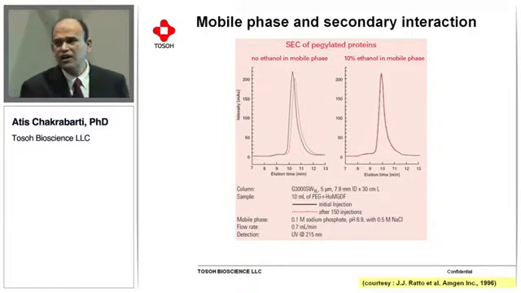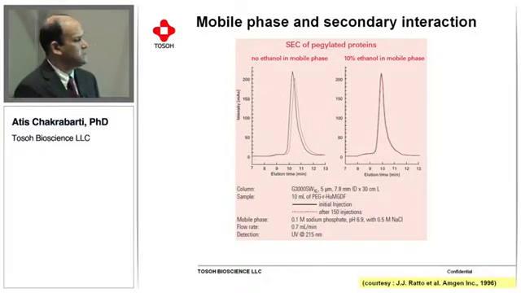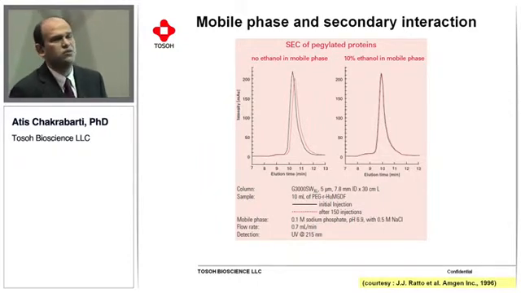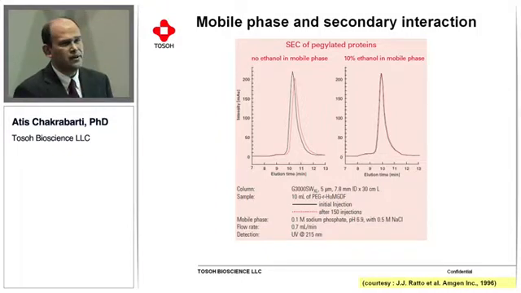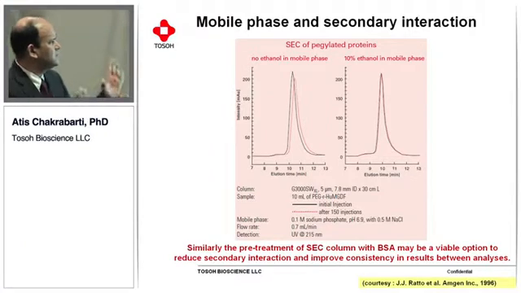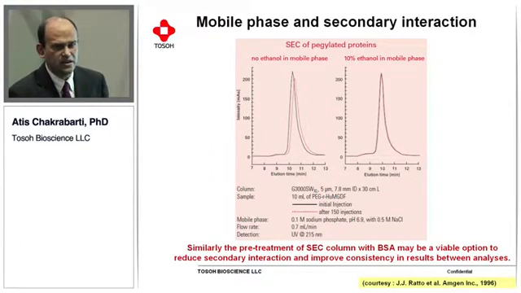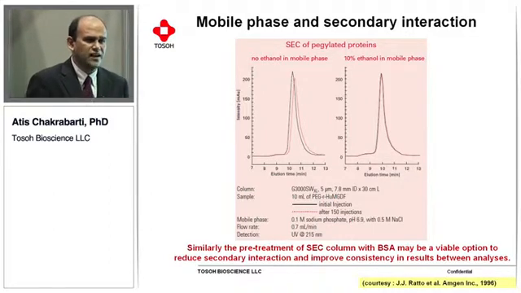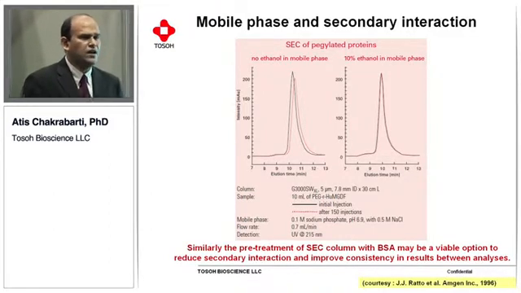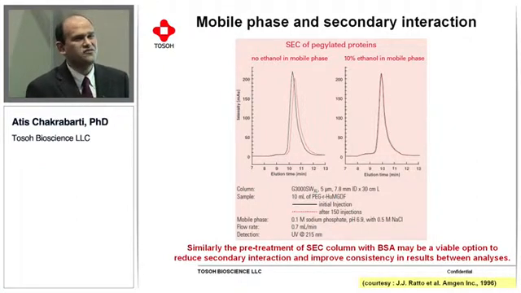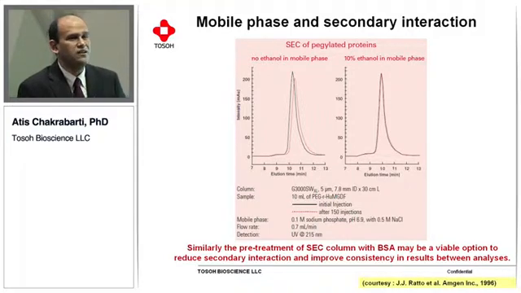But with just 10% ethanol in the mobile phase, you can run 150 injections without any retention shift. Next please. We have found that not just ethanol, even BSA can be used to block all the secondary interaction sites, and then you run your sample. Which additive works best for you is a trial and error question. You have to try which works best depending on the interaction type.